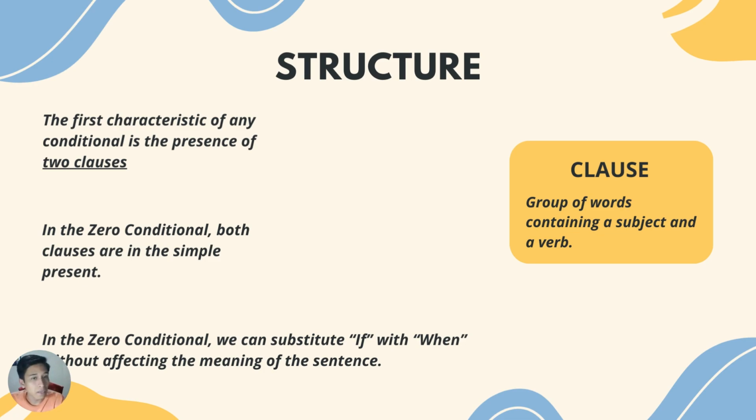As I said, we use the simple present tense in both of them, and finally we can substitute if with when, not in all the if clauses, only if. We can make a substitution. We can substitute if with when, and it won't affect the meaning of the sentence.